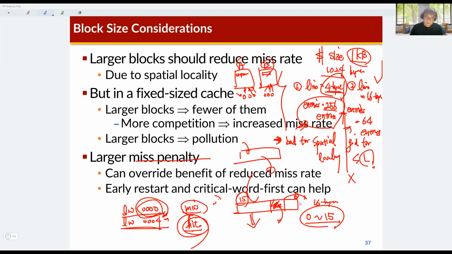So if the cache line size is 4 bytes and a cache miss happens, the cache requests 4 bytes of data from the low-level cache or memory. Let us assume that the block size is 16 bytes.